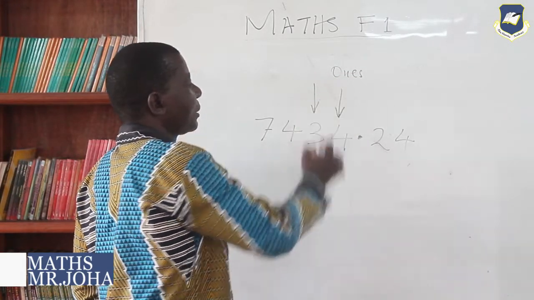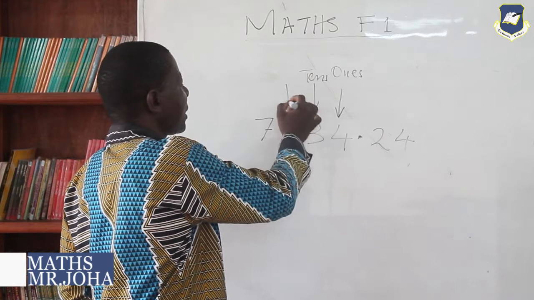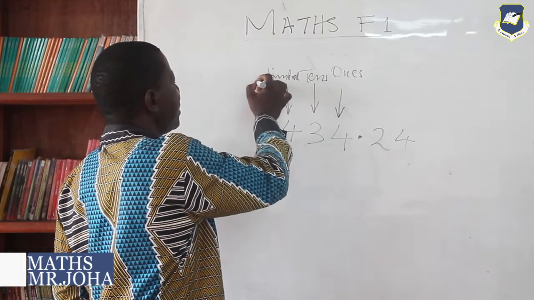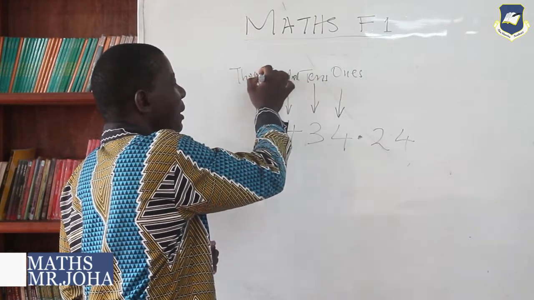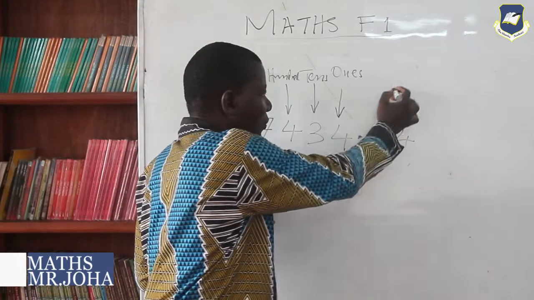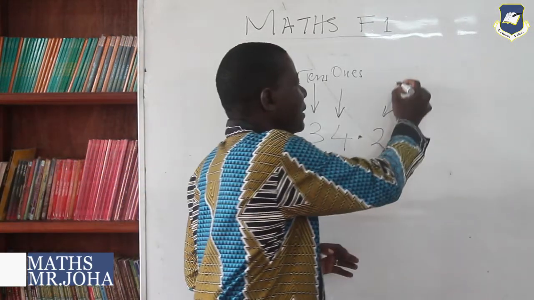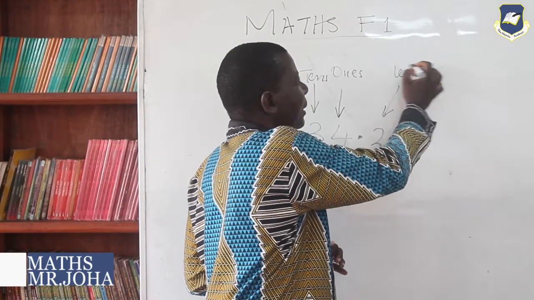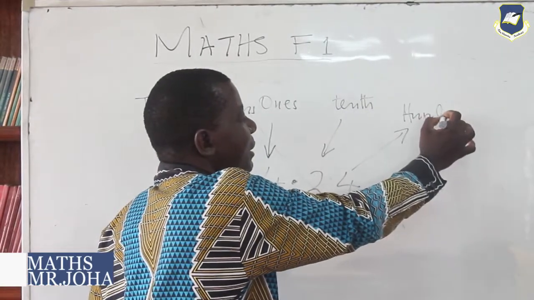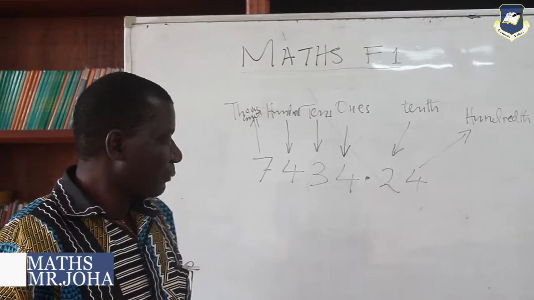This digit here is the 10's digit. This digit here is the 100 digit. This digit here is the 1,000 digit. This digit, which is just on the right hand side of the decimal point, is the 10th digit, and the other digit is the 100th digit.